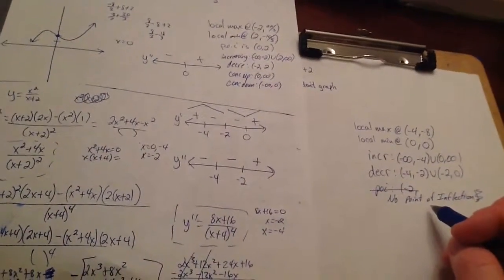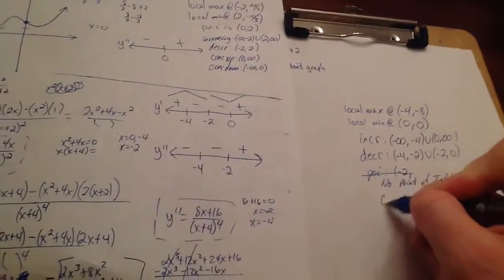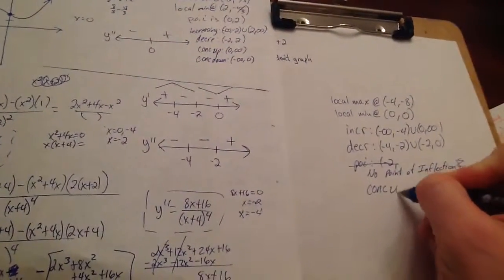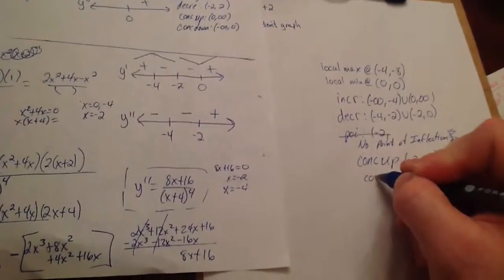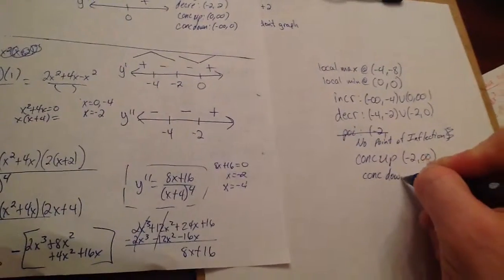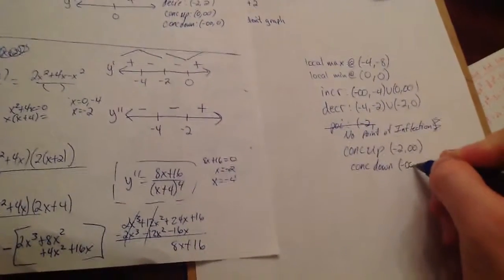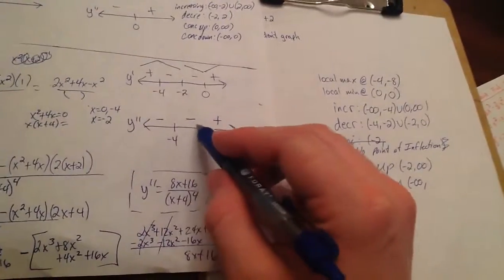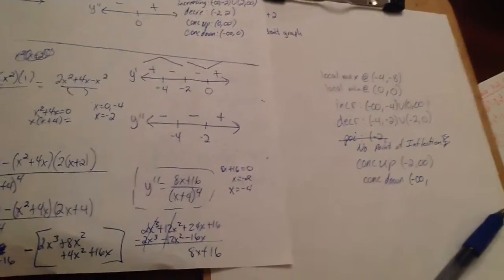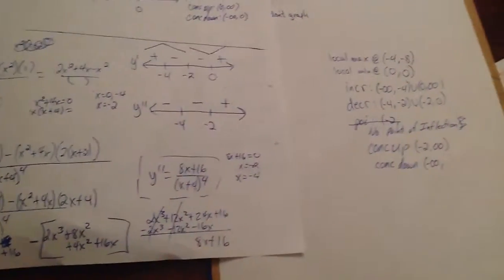Yeah, what else? Oh, concave up, just set it from -2 to infinity, and concave down from -infinity to, well, it doesn't really change sign. So why do we get -4? I don't remember. Oh, because it didn't exist.